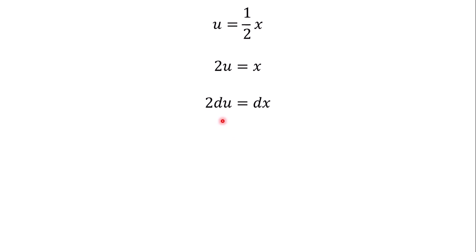Now when we enter the u world, we are going to replace dx with 2 du, and we are going to replace x with 2u. So when we go to where we are having the square root sign, where you see x, we will just put this one there. And when we get to where we have the sine inverse of half of x, you will just replace this half of x with u.